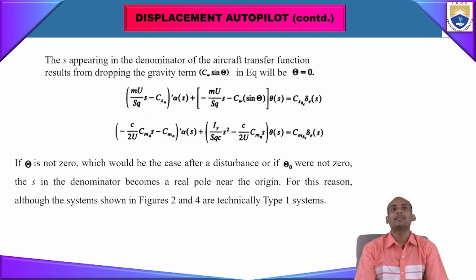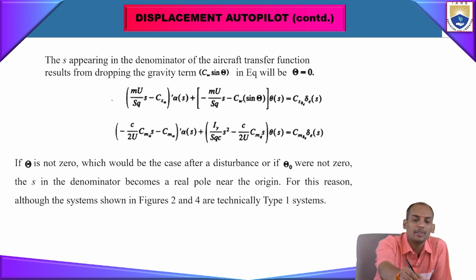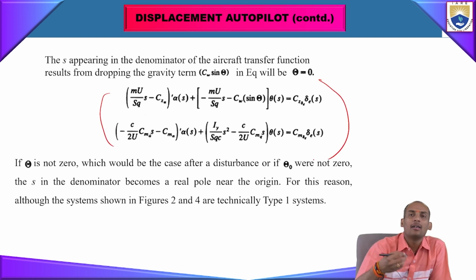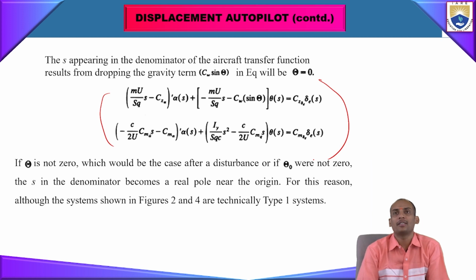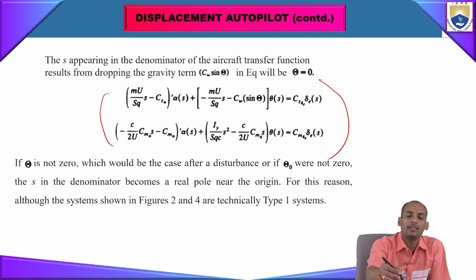The SES is operated by values like dropping the gravity term, CW sin theta. If you remember, this is the equation of motion we derived in our last few classes.